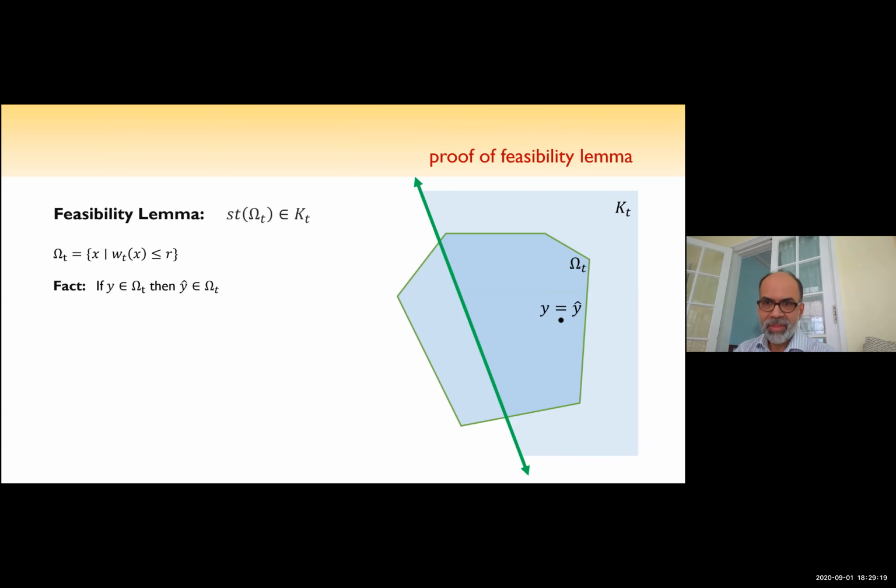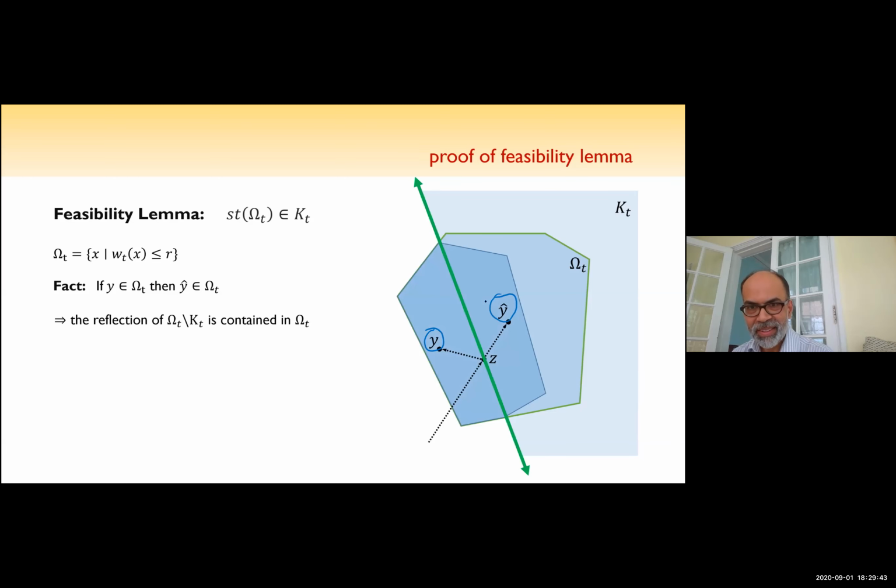So, this case is trivial. So let's look at this case. I'm looking at the point y, its reflection y hat. And I'm saying, hey, if I can reach y paying at most r, then of course I can reach y hat paying at most r, right? So the reflection of the stuff outside stays within omega. But what's the Steiner point of omega? It's some notion of center, right?